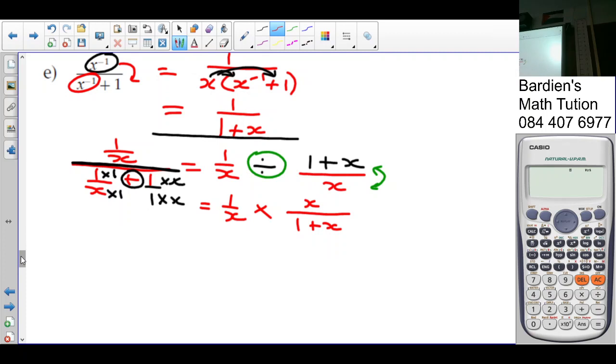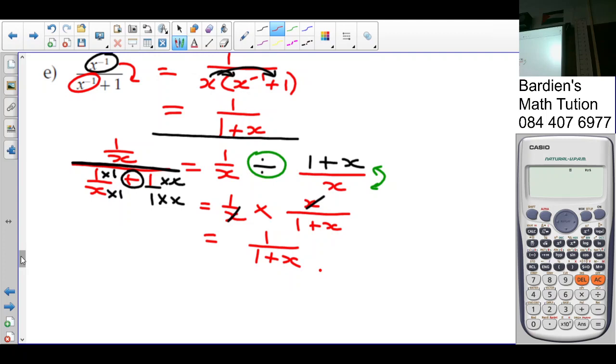Now what? Cancel. The x's cancel. Let's leave you with 1 over 1 plus x. Much more steps. Okay, if you could have seen that initially, it would have worked. But it's not always going to be the case where you can actually apply it.